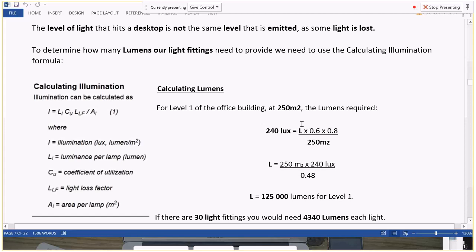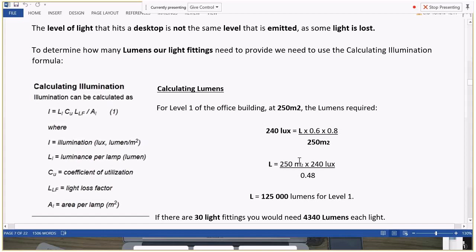Then to get our unknown, our lumens per lamp, you rearrange that equation. So we've got our lumens per lamp equals the square meterage of our room times our desired lux, divided by 0.48. Now, that 0.48 down the bottom is simply 0.6 times 0.8.